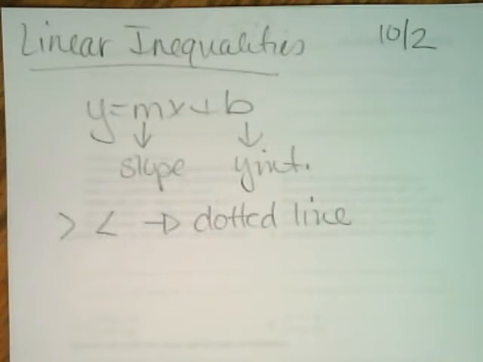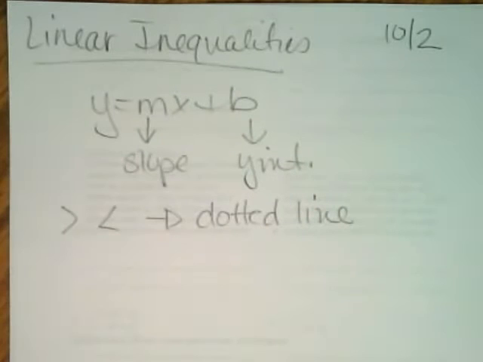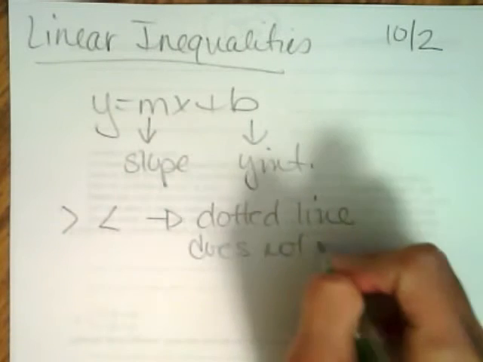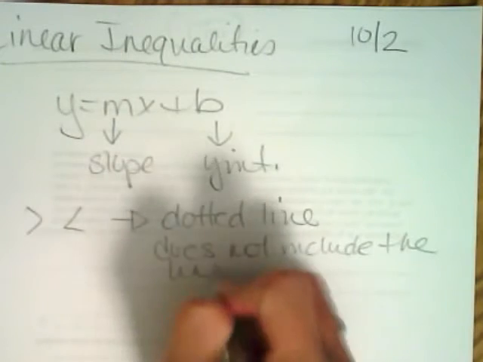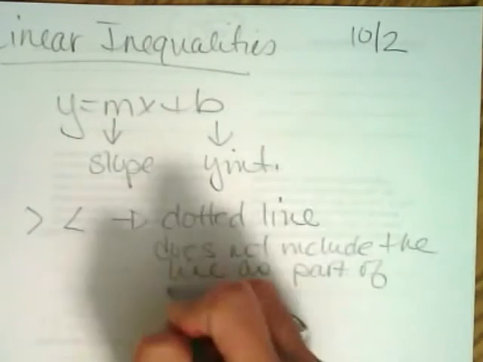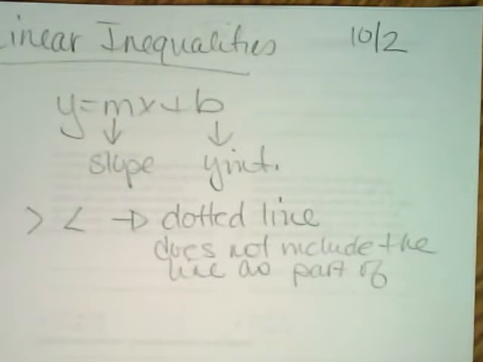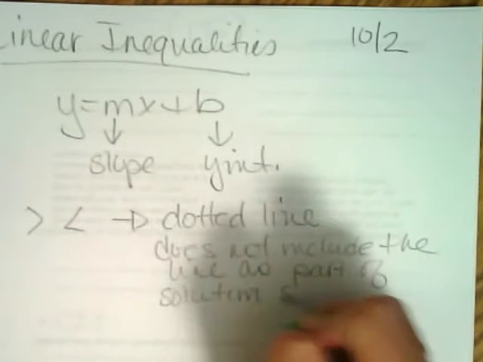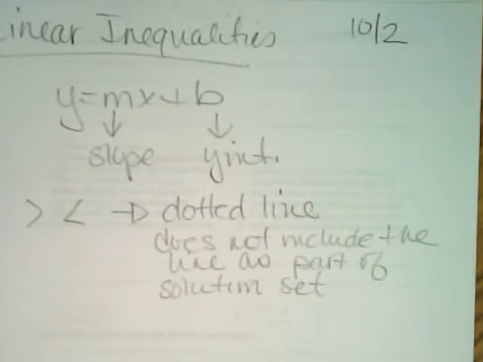A dotted line. Because what this means is it does not include the line as part of the solution set. Let me just write that down: does not include the line as part of the solution set. Because as you know, when you graph a linear equation, that line represents the solution to that linear equation.